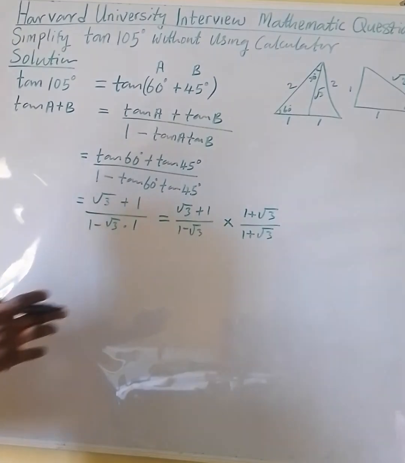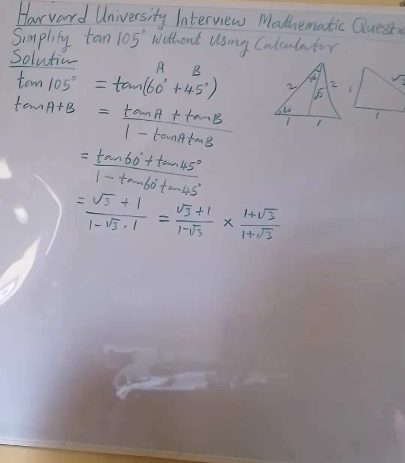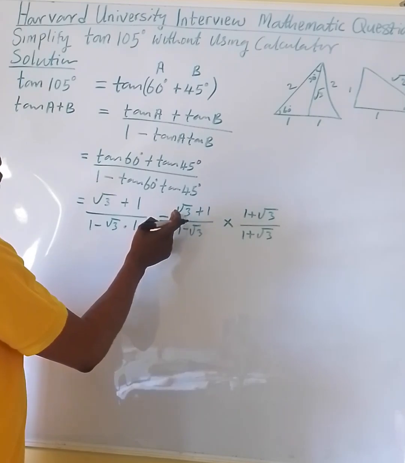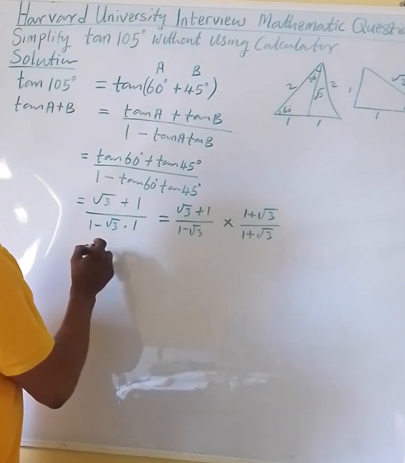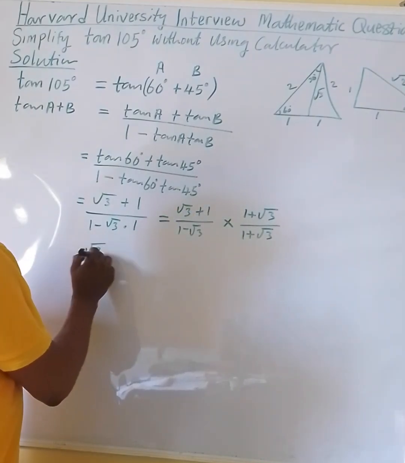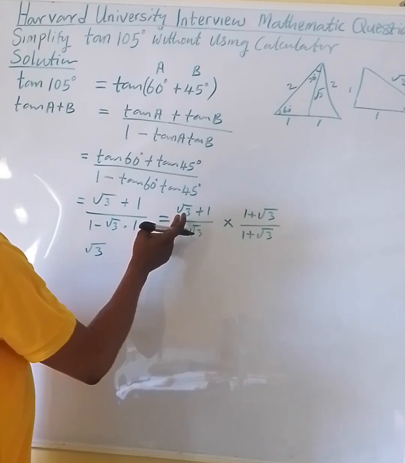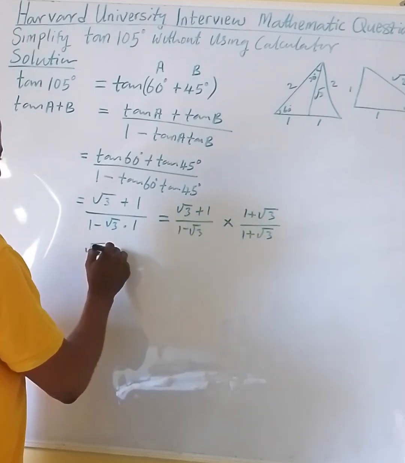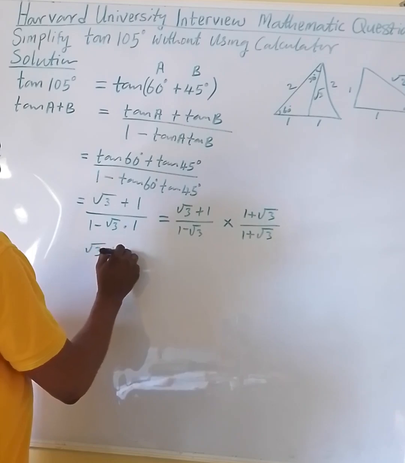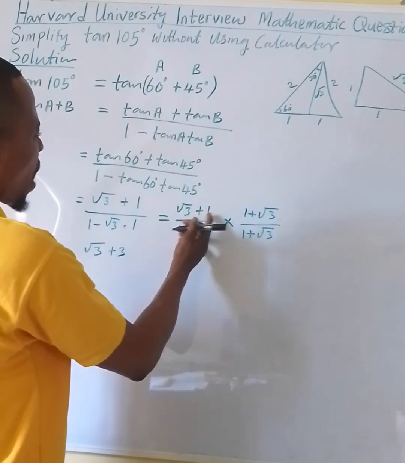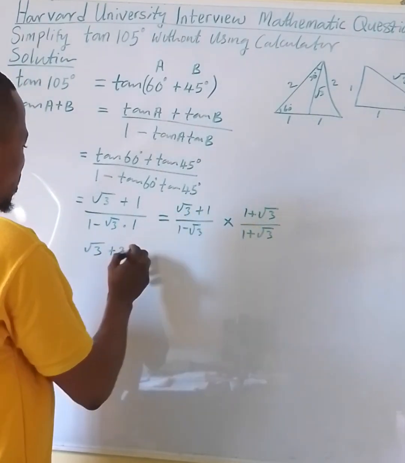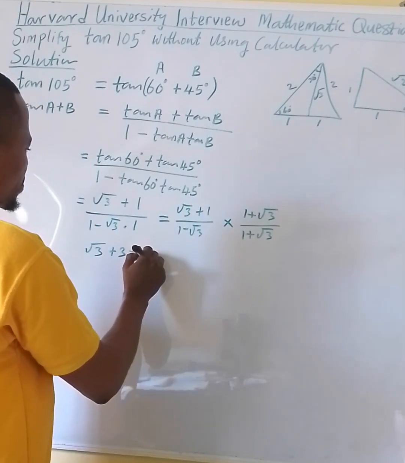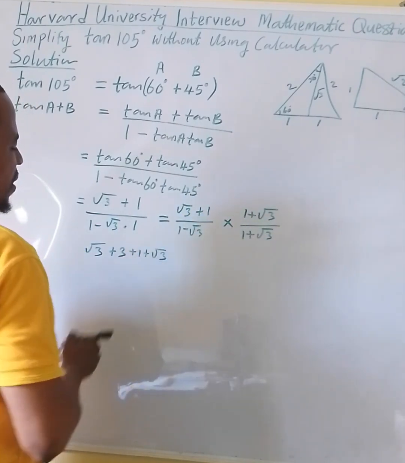Now we are going to multiply the two together so that we get where we are going to. Root 3 times 1 will give us root 3. Are we together? Then root 3 times root 3 will give us plus 3. Now 1 times 1 will give us plus 1. 1 times root 3 will give us plus root 3.